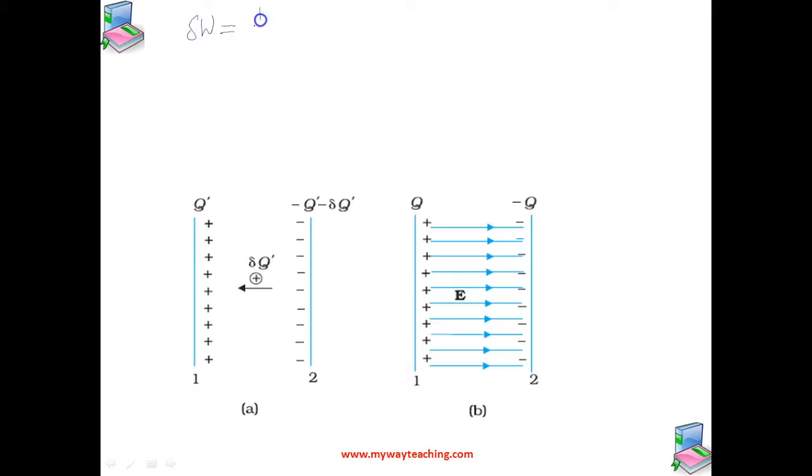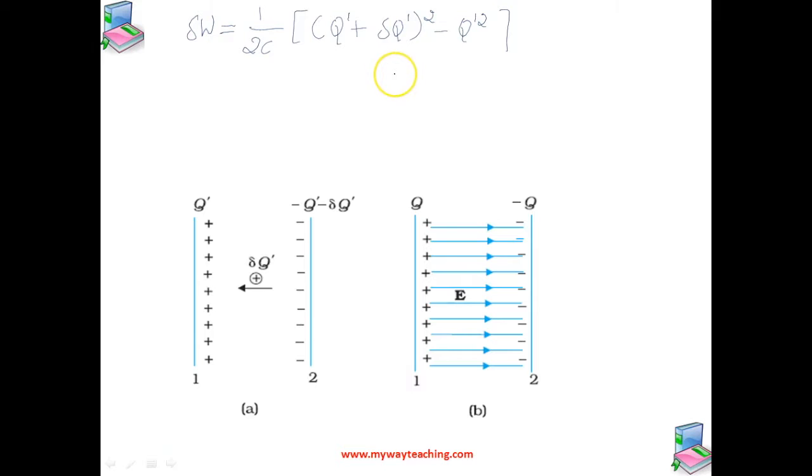delta W = 1/2C [(Q' + delta Q')² − Q'²].